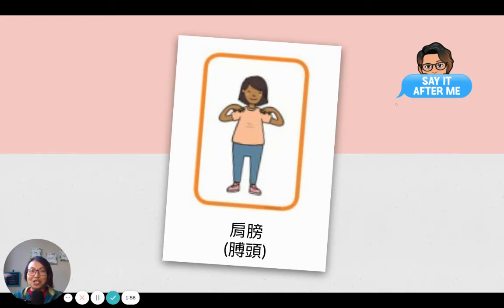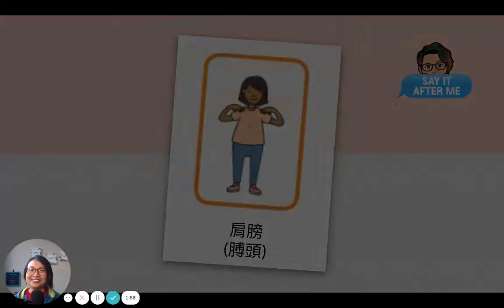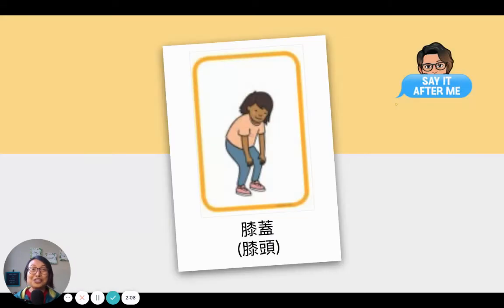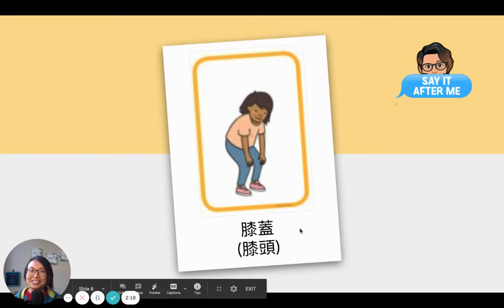All right, let's go a little lower. Let's go to our knees. When we say knees in Chinese, do you know how to say it? We use another term. To write it out, we say 膝蓋, which is the term at the top.